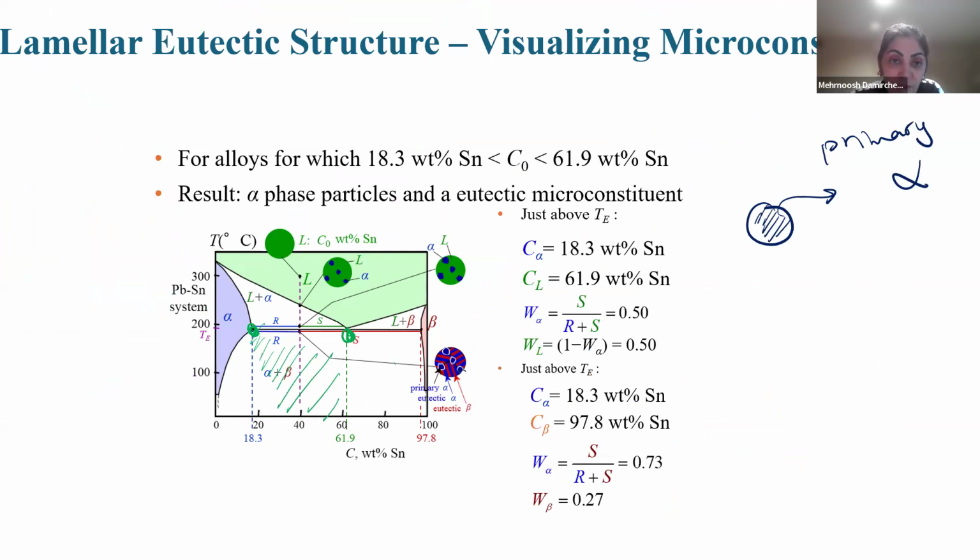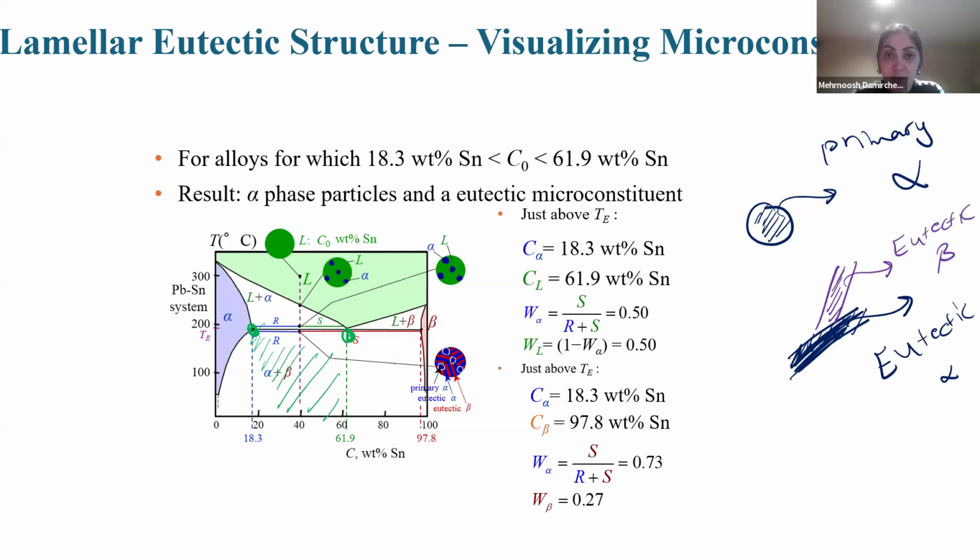Here you see this dark blue, and this one is the eutectic alpha layer, and we have another layer as a red one or purple one, and it is eutectic beta.